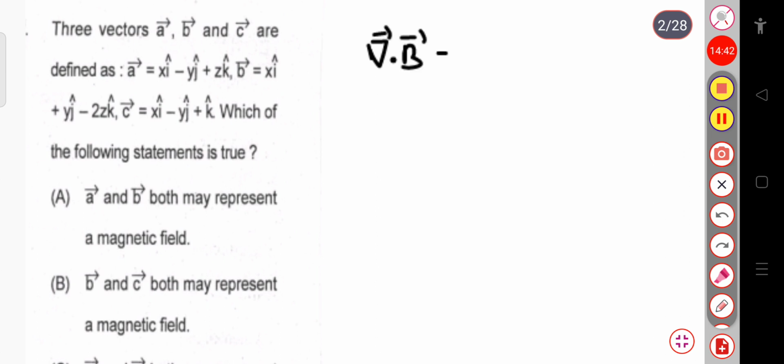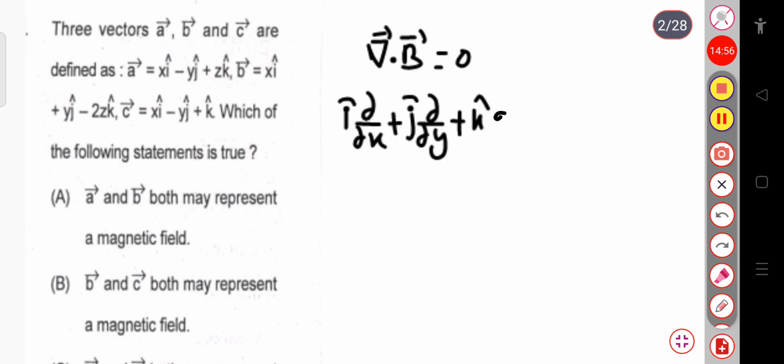Now you know del vector equal to i cap dou by dou x plus j cap dou by dou y plus k cap dou by dou z, dot. In place of B vector, let me write first A vector, because you have to check whether A vector, B vector or C vector is a magnetic field or not.